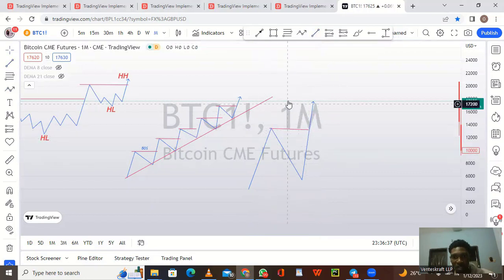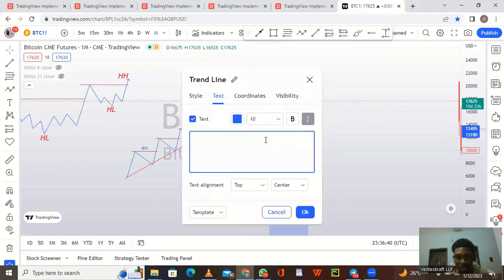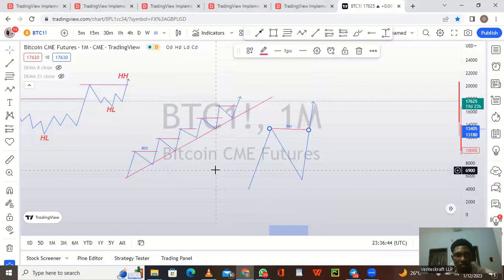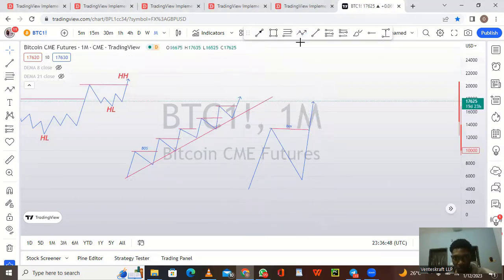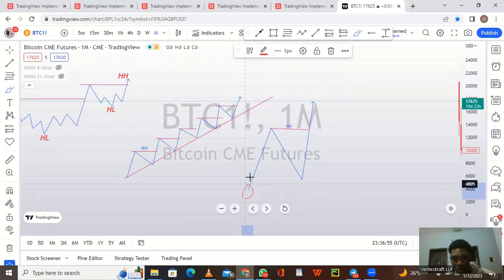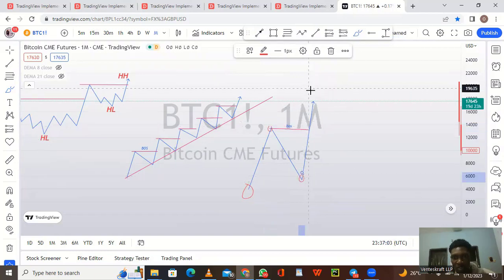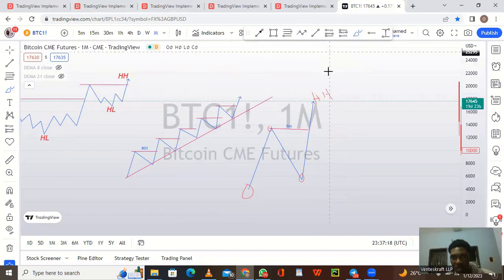And this particular point is the low. This is the high. This is the higher low. And this is the higher high.